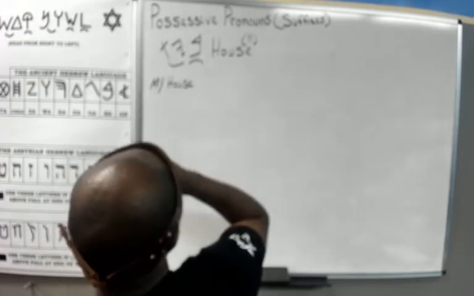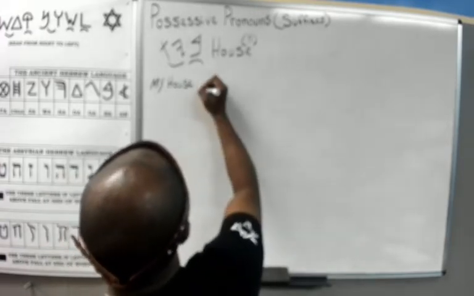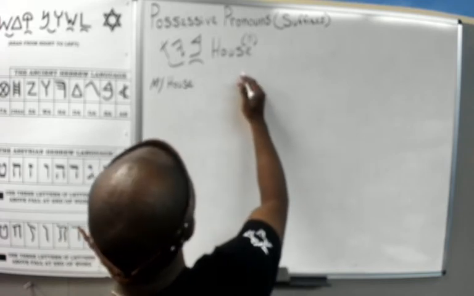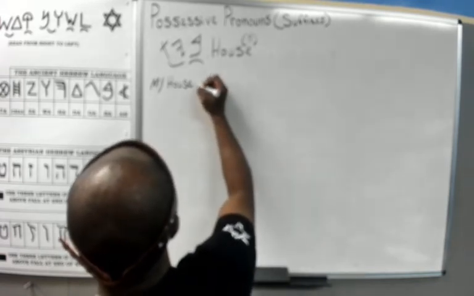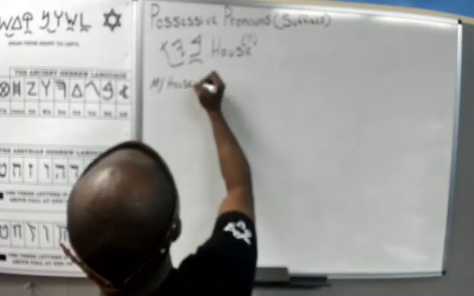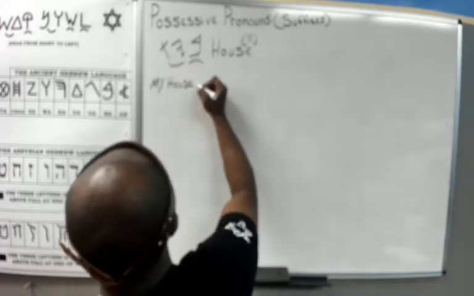Because, as I said earlier, yah as a suffix at the end of a word, if it's a noun or a verb, will make it personal, meaning it will be possessive, because this is a possessive noun.